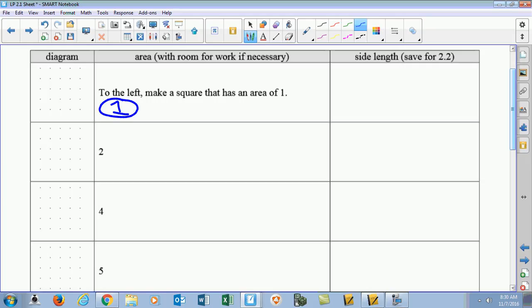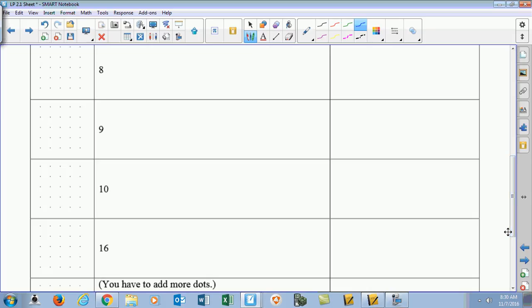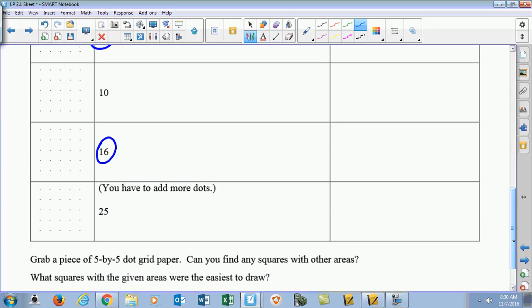So we're talking about this one, this one, this one, and that one. It says take your calculator and find the values for the square root of 1, the square root of 4, the square root of 9, the square root of 16, and the square root of 25.